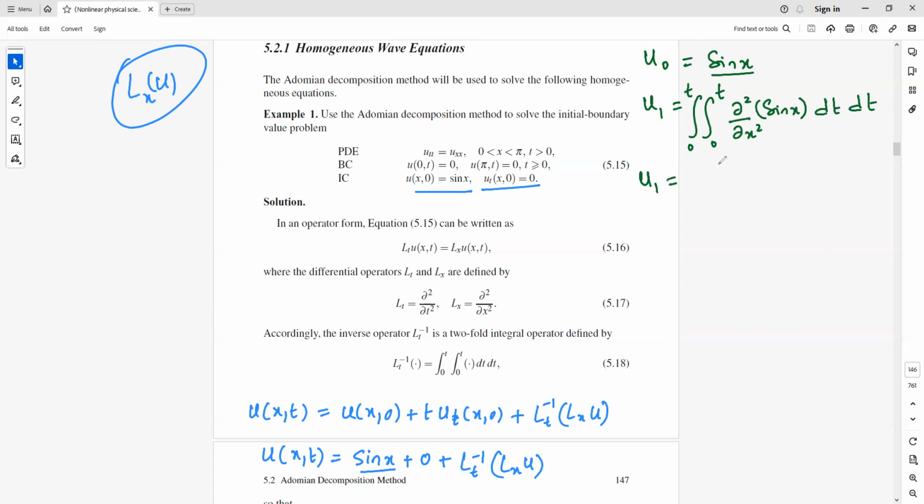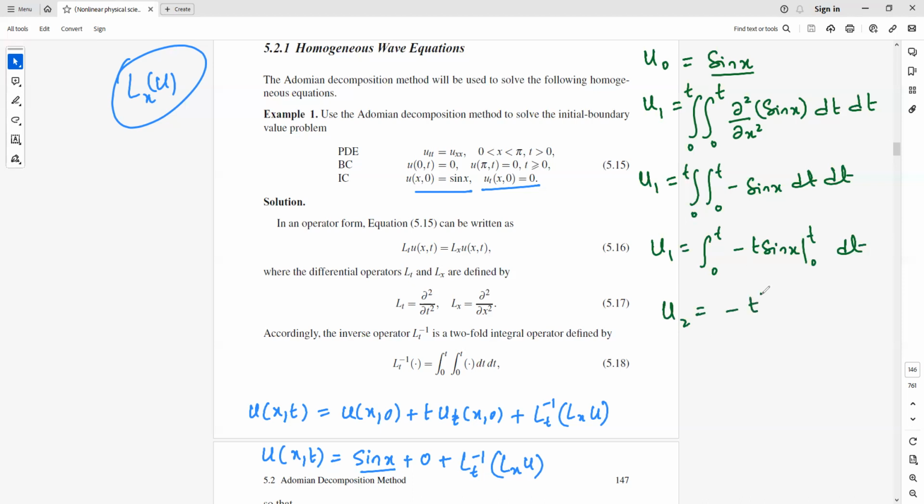Therefore, u1 equals the iterated integral over the domain of t of the second partial of sine x, which is negative sine x, dt. If we integrate this, the first integral gives us t sine x from 0 to t, which will again be t sine x. And again integrating the function gives negative t squared over 2 factorial sine of x.